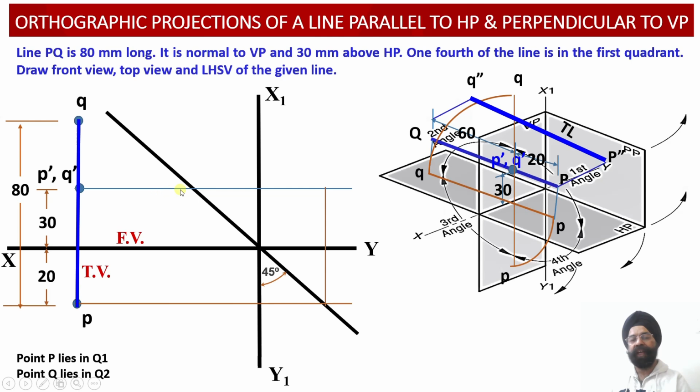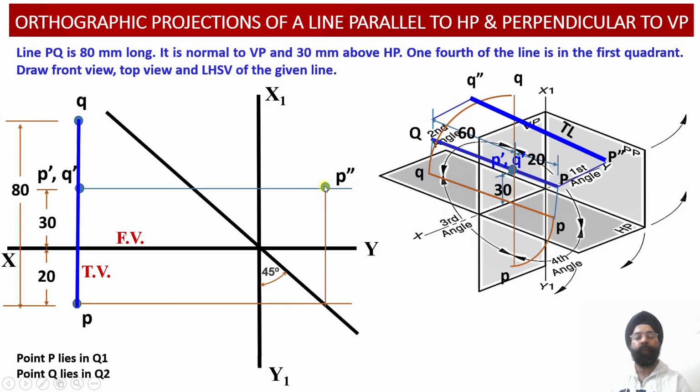So this height of 30 millimeter corresponds to point P dash. This distance of 20 millimeter in front of the vertical plane we have transferred from the top view. So top view distance of 20 millimeter from the vertical plane has been transferred to the profile view distance of 20 millimeter from the vertical plane over here. So the intersection of these 2 lines will give us the location of the point P double dash in the profile view projection over here.